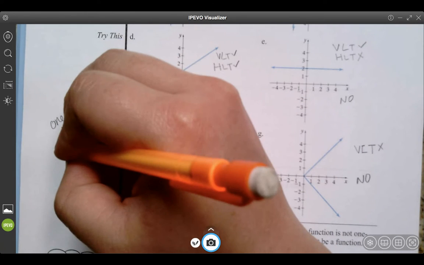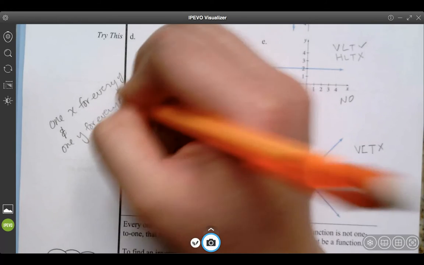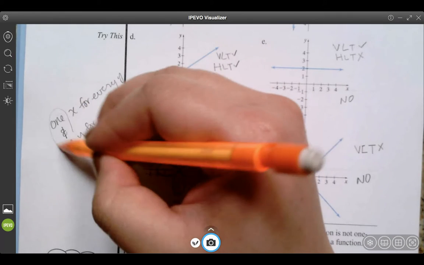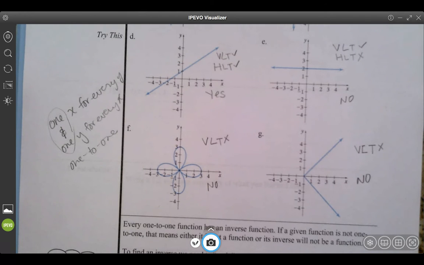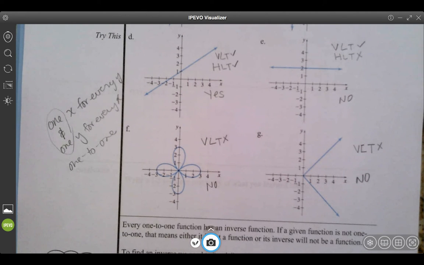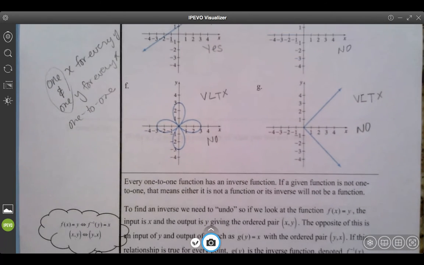And so we get that this is one-to-one. One-to-one means that it's extremely unique. Our values don't repeat.